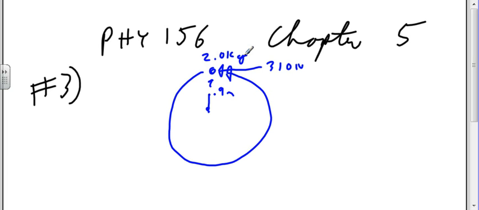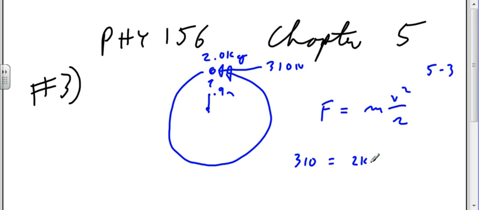So force is equal to mass v squared over r. This is equation 5-3. So I've got 310 is equal to 2 kilograms times velocity squared divided by 0.9 meters.